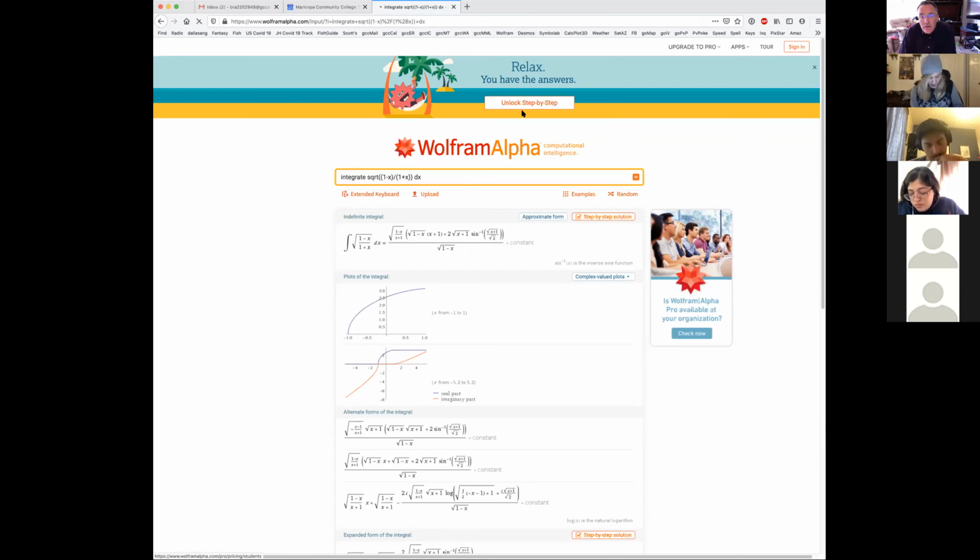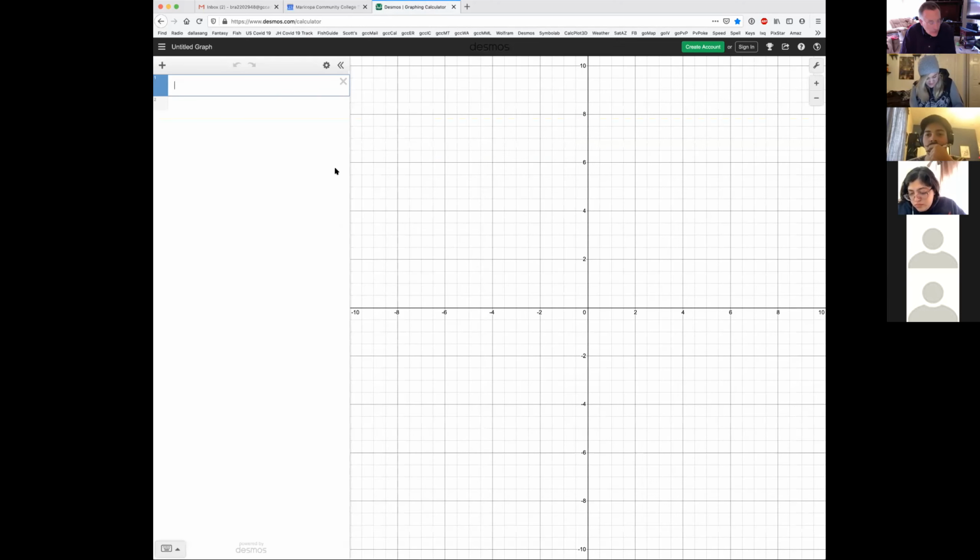Okay, so you'd go to Desmos, and then you'd type our answer in. In Desmos, you can do the little -1, but I like typing arcsin because it's faster. Square root of 1 minus x squared. Okay, so there's our little piece.